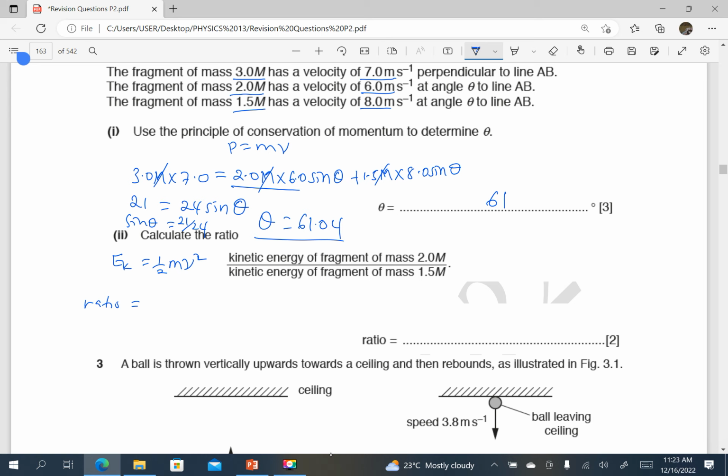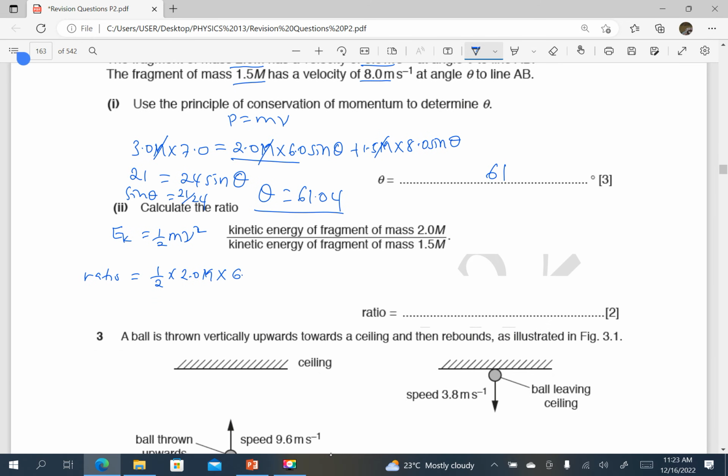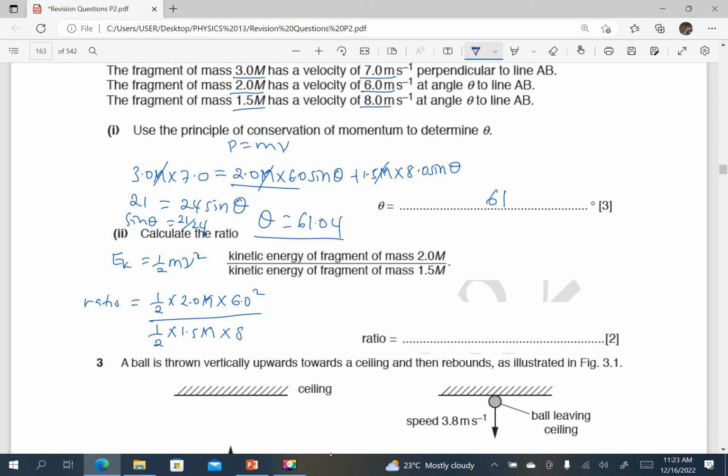For the fragment of mass 2.0m, it is a half, the mass is 2.0m, its speed is 6.0, so times 6.0 squared. Do not resolve speeds when you're finding energies. Divide by a half, then the mass of 1.5m times its speed of 8.0 squared.